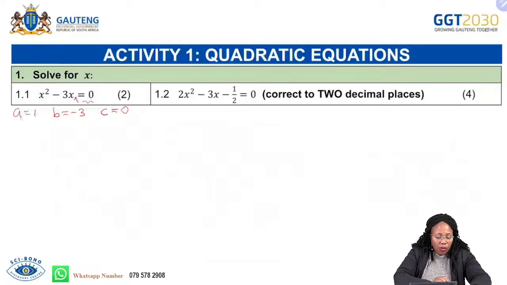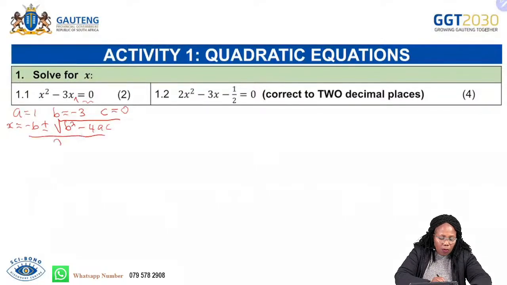And then now we can go to our quadratic formula. X is equal to minus B plus minus the square root of B squared minus 4AC all over 2A. This is the negative from the formula and the negative for B there.